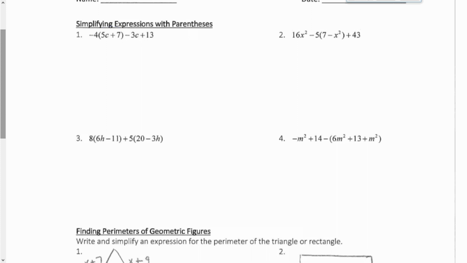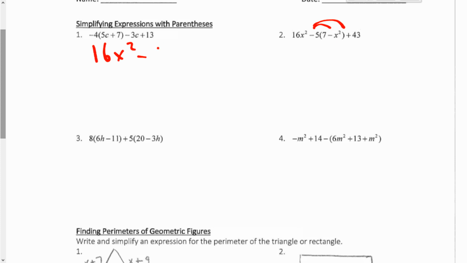All right, next up, I'm going to work out number 2. I'm going to start writing it over here on the left, just so I make sure I have enough room. But this is still number 2 that I'm working out. So I have positive 16x squared. And then I need to distribute this negative 5.